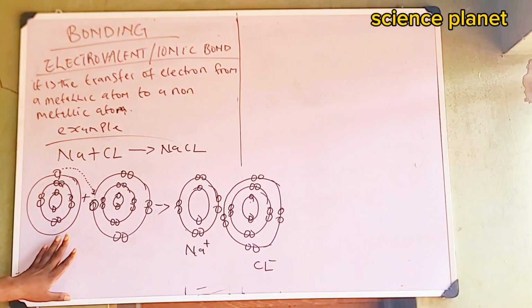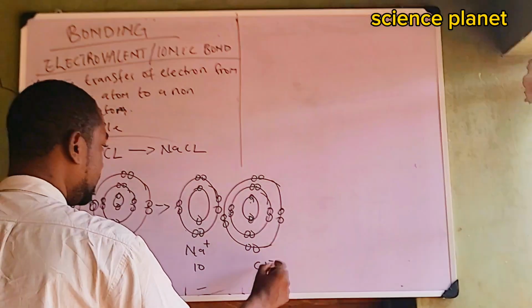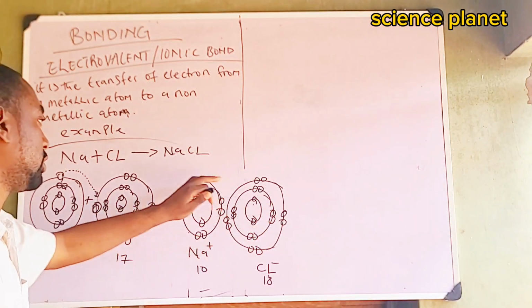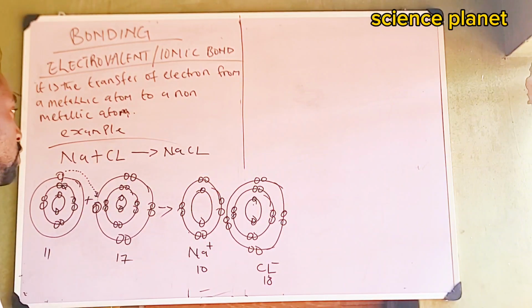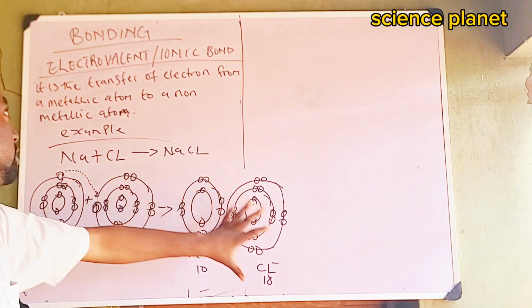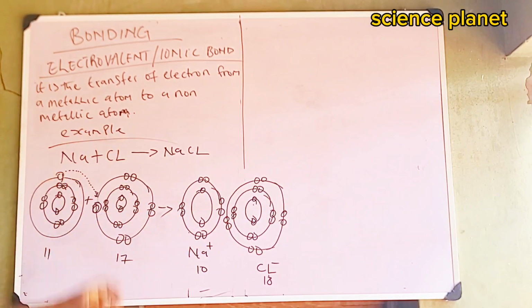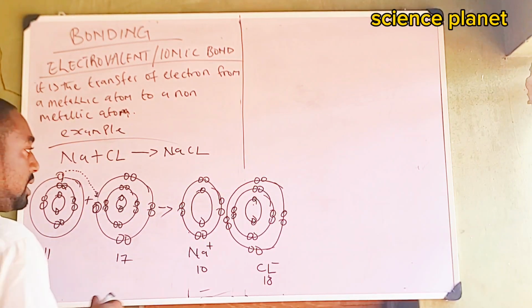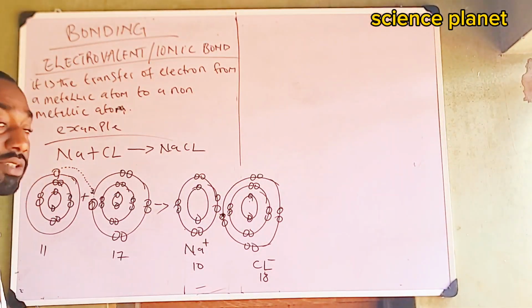The number of electrons in sodium was 11 and chlorine was 17, but now sodium has 10 and chlorine 18, attaining octet. All together, this is your sodium chloride. This process is called electrovalent or ionic bonding, because it deals with the transfer of electron. You can see the electron that was being transferred here.